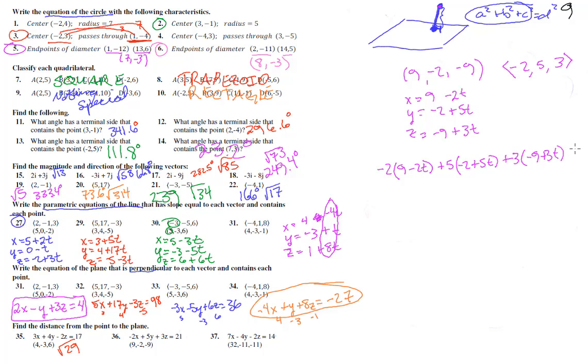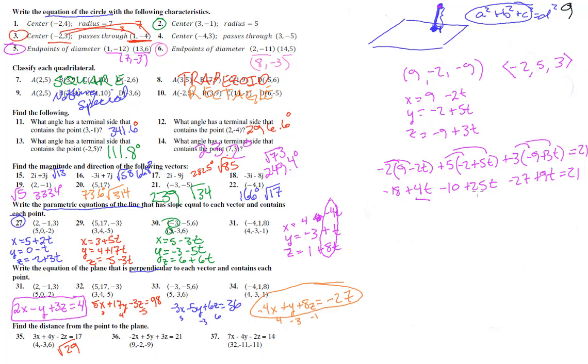That has to all come out to equal 21. All right, let's do it. This is back to a nice equation in one variable that we can handle. That's negative 18 plus 4t minus 10 plus 25t. Minus 27 plus 9t, all has to equal 21. And let me see, what do we get here?